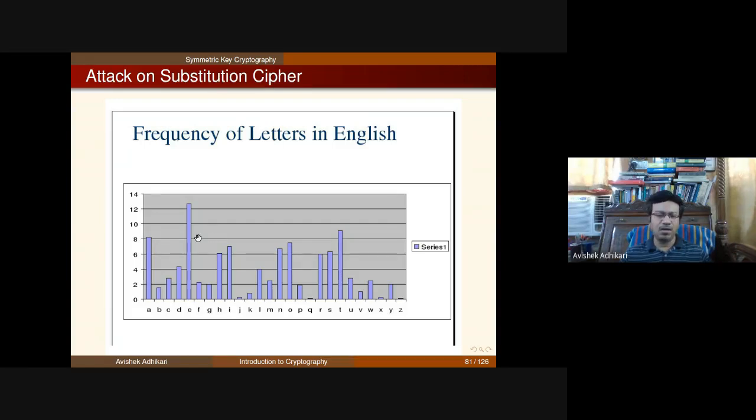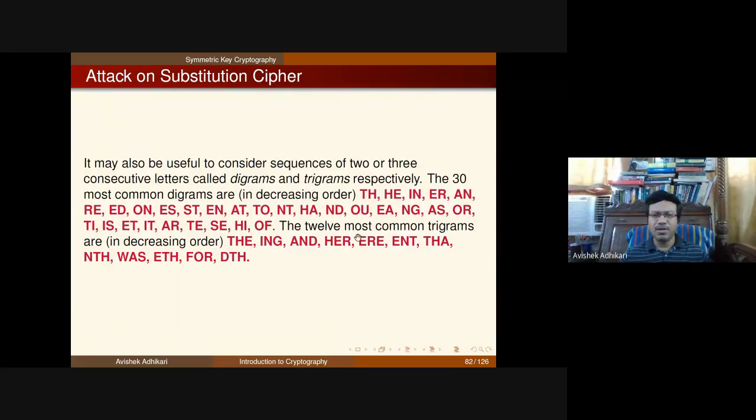Similarly, if we look in a broader sense at the English alphabet, it has been seen statistically that E is the mostly used alphabet, then T is the second mostly used, and A is the third, and so on. Similarly, there are pairs of alphabets, for example TH, HE, IN, etc., in decreasing order.